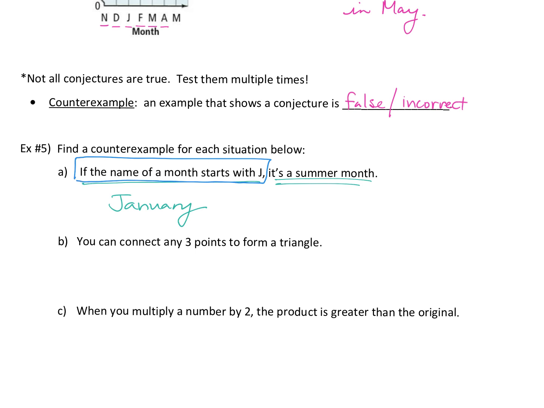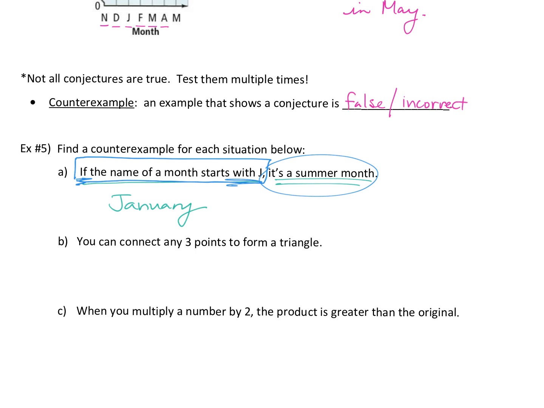It's the next part that has to be false. And we'll talk more about that when we talk about if-then statements, which is coming very soon. But basically we're saying if it starts with J, so it has to start with J, right? If it starts with J, then it's a summer month. Well, January does start with J, but it's not a summer month. So January would be your counterexample here.